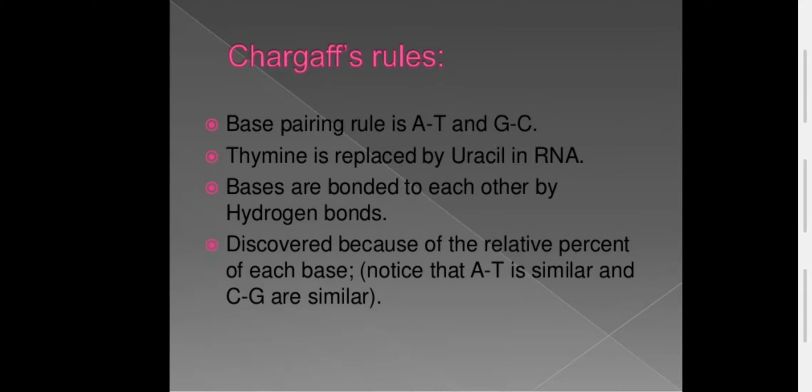In the DNA, but in the RNA, thymine is replaced by uracil. The bases are bonded to each other by hydrogen bonds, of course. It was discovered because of the relative percent of each base. Notice that adenine is bonded to thymine, and cytosine is bonded to guanine.